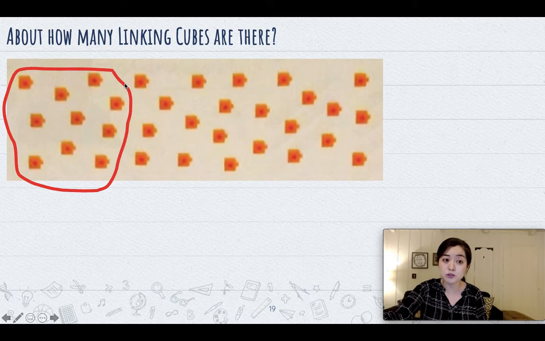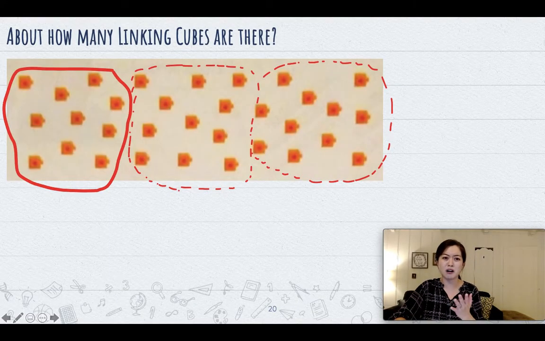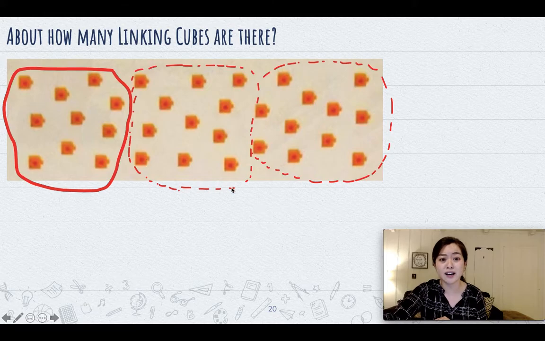How many of the same size circles can I draw in this picture to estimate the number of linking cubes? It looks like I could possibly draw 2 more of these same size circles. Maybe these circles don't have exactly 10, but they might have a number that is close to 10. Remember, it doesn't have to be exact here because we are just estimating.